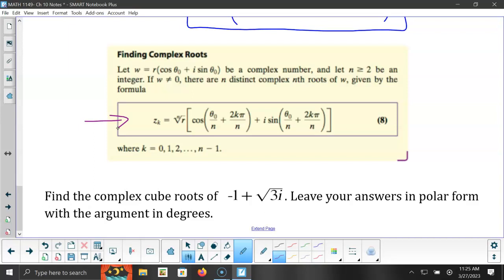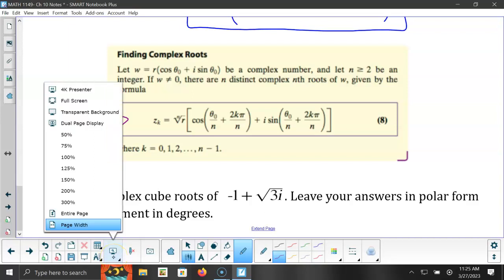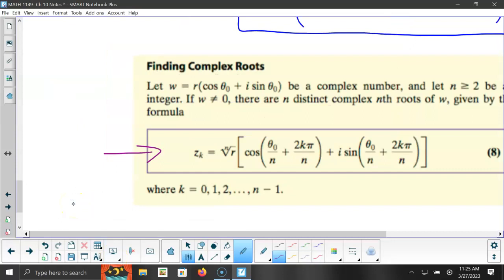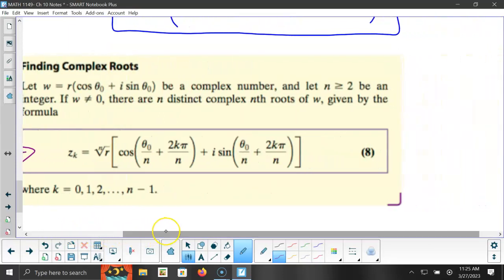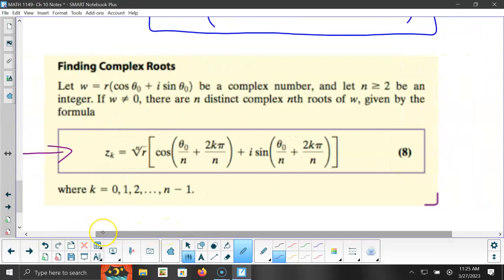I don't think I actually put this one on the purple sheet. Is it? Yay, smart me. Yep, theta naught.